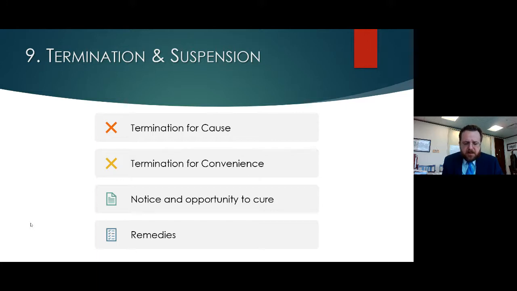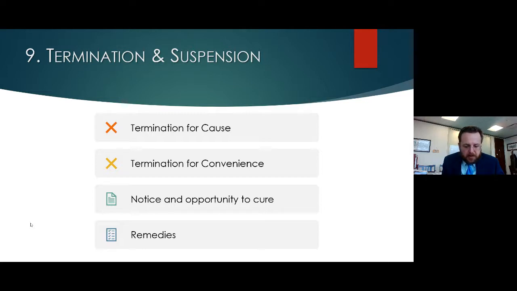The owner gave a written termination letter, but failed to give a written notice of breach and opportunity to cure. So the contract required opportunity to cure, the owner didn't give that. And the evidence was that the owner made several phone calls prior to giving the written termination. So while there were phone calls putting the GC on notice, the contract required that notice to be in writing.